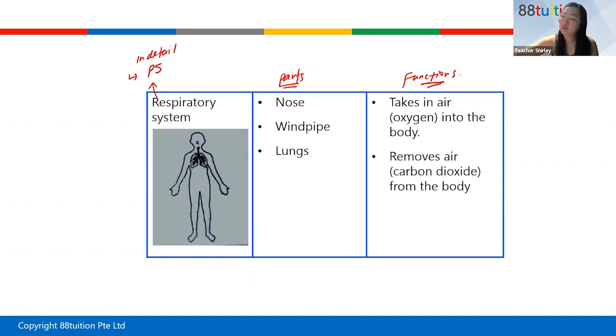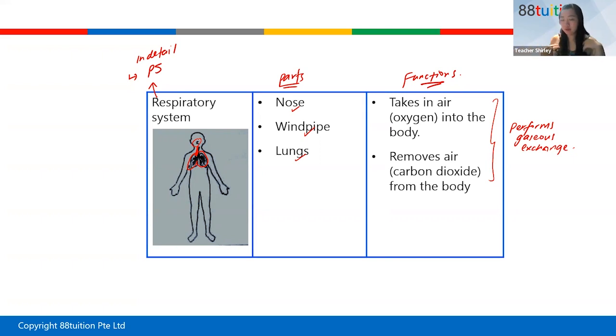The parts of the respiratory system are your nose, windpipe, and lungs. In general, we can summarize its function as performing gaseous exchange. Basically, it is just the exchange of gases.